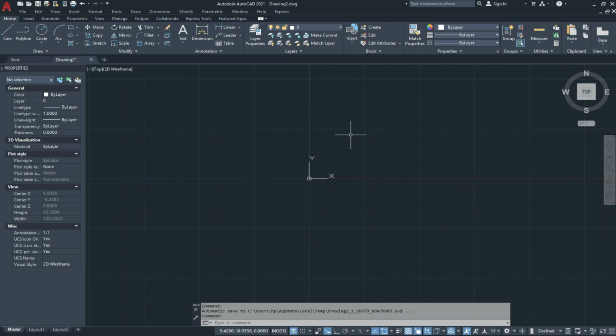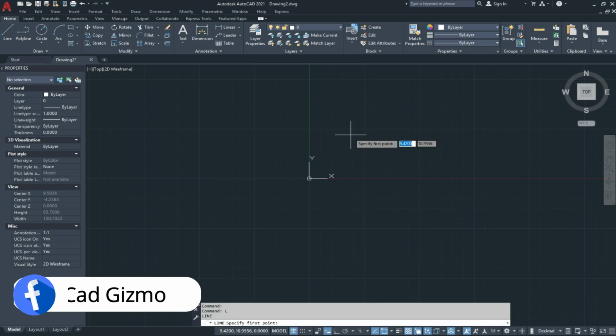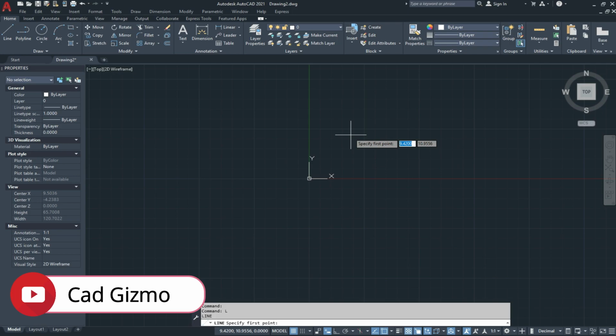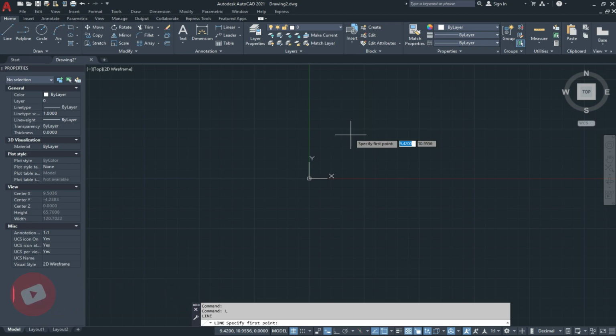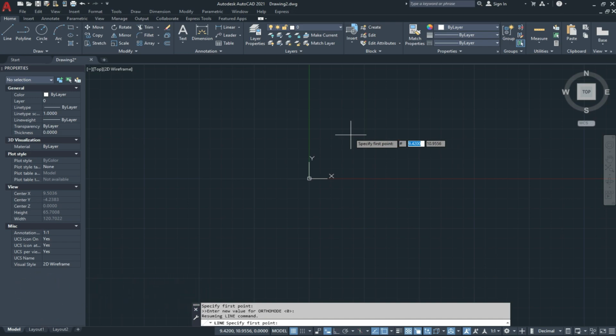To start this, type L and press enter. Now as we discuss, we use hash option to draw our absolute or Cartesian coordinate. For that, press shift and press hash. Now give the value 0, 0.